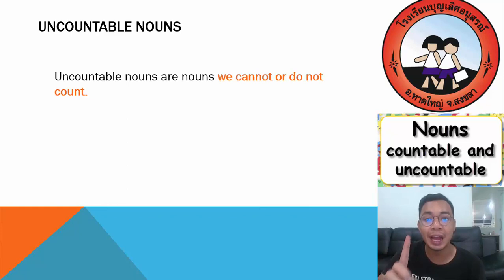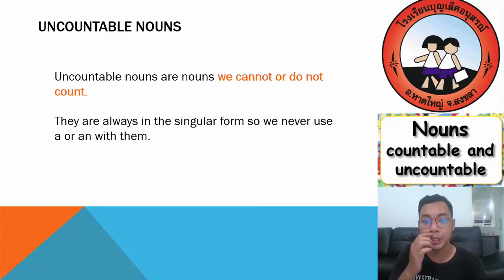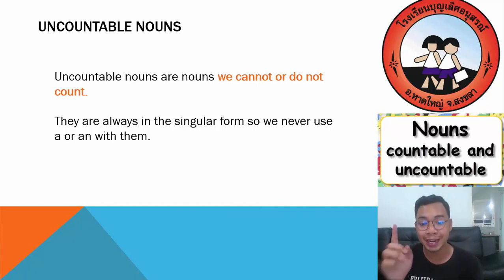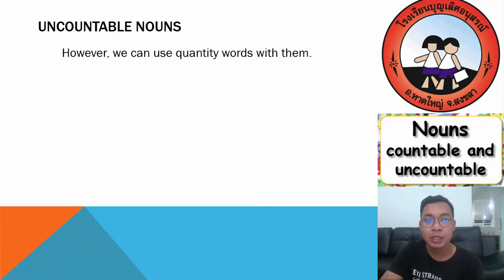Uncountable nouns are nouns we cannot count or we do not count. They are always in singular form, so we never use a or an with them. However, we can use quantity words with them.